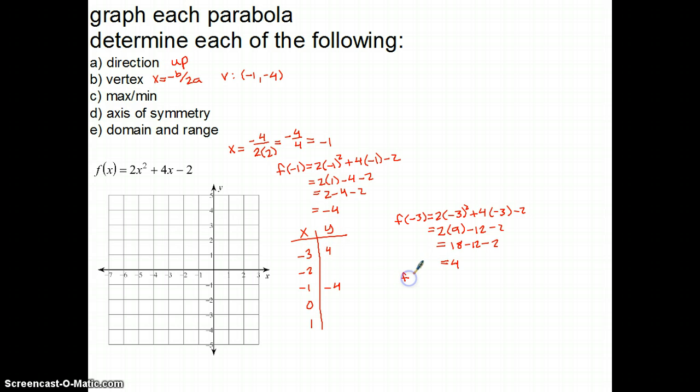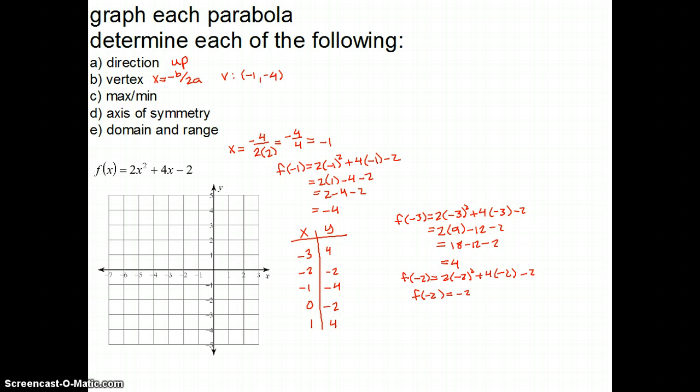Plugging in your negative 2, you should have 2 times negative 2 squared, plus 4 times negative 2, minus 2. You can go ahead and complete the math on this, but you should end up with f of negative 2 equaling negative 2. From here, your 0 and 1 should give you y values of negative 2 and positive 4.